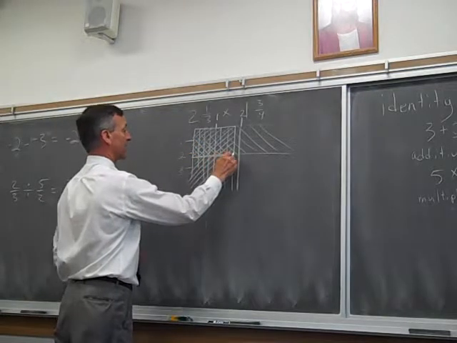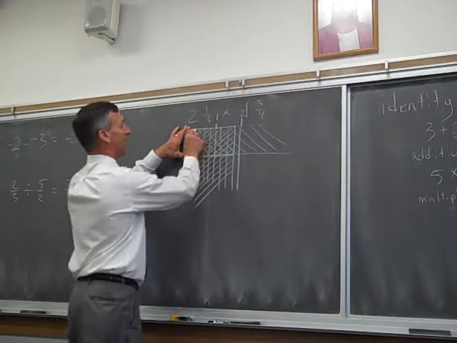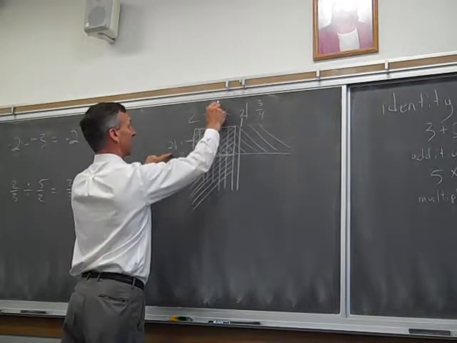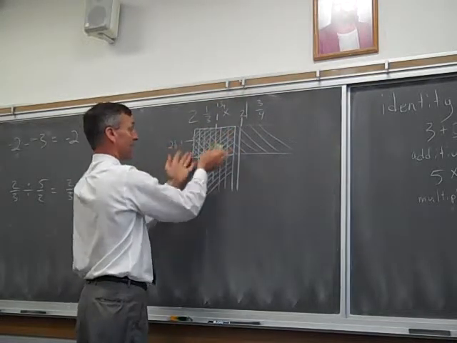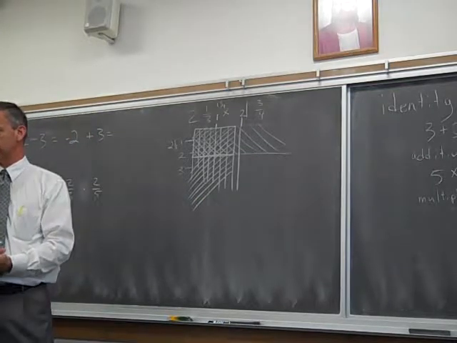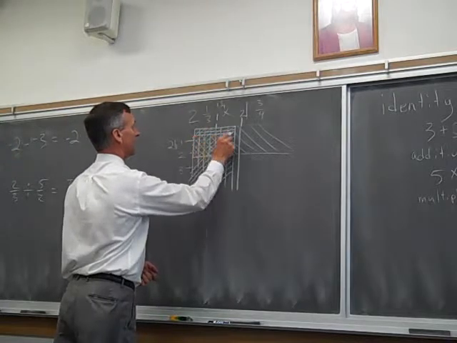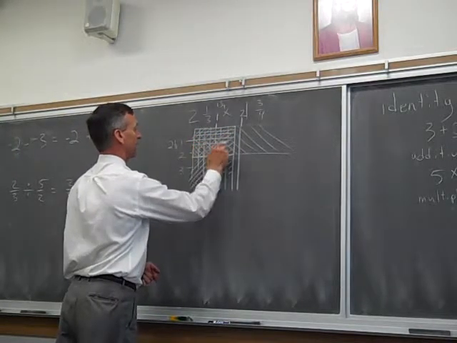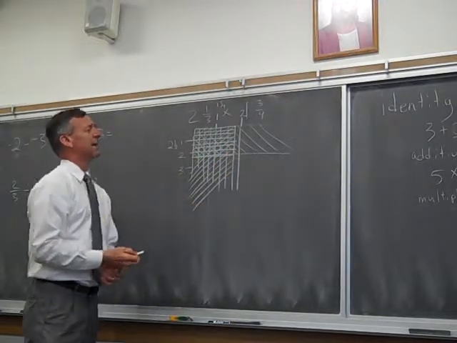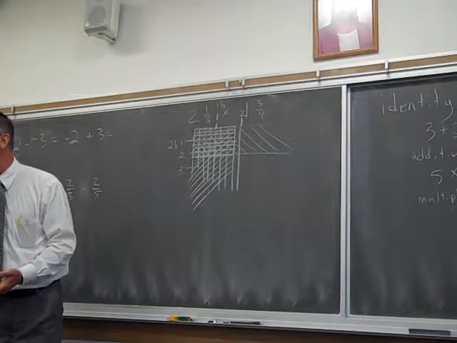That is my answer. It's 2 1/3 by 1 3/4. This distance, 1 3/4, here. It's an area model. How do I get my answer? Well, if these here are divided into thirds, I need to identify what my unit is, what a whole is.